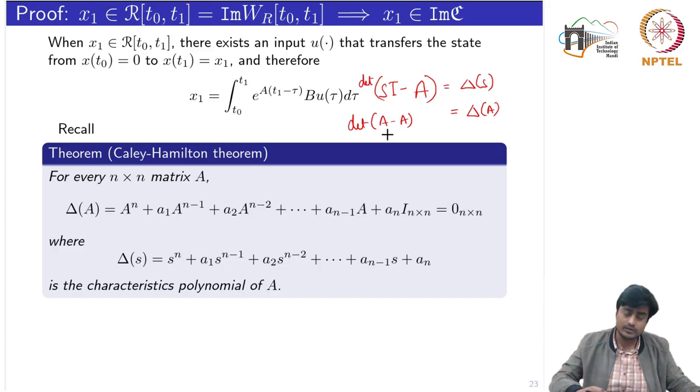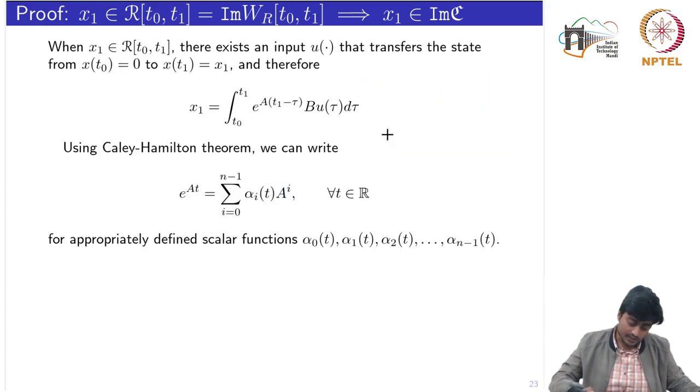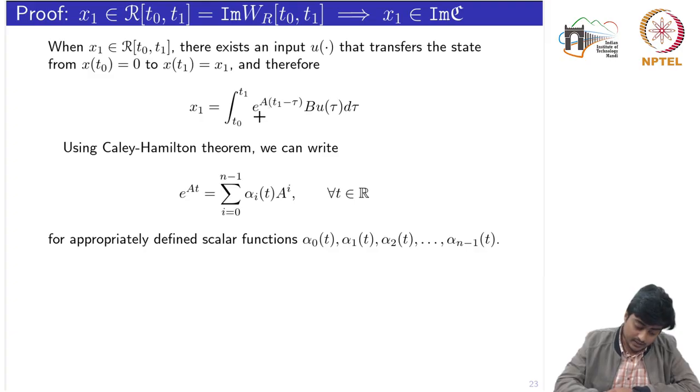Now this comes from the Cayley-Hamilton theorem. We won't see the proof of this theorem, but using that theorem, I can write this exponential part, or any exponential matrix, by this matrix.